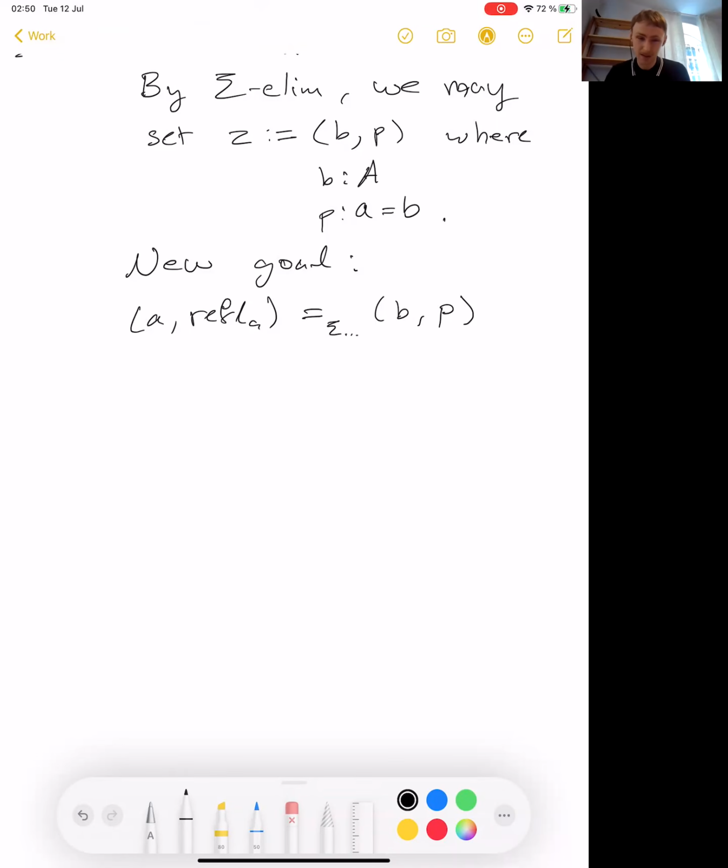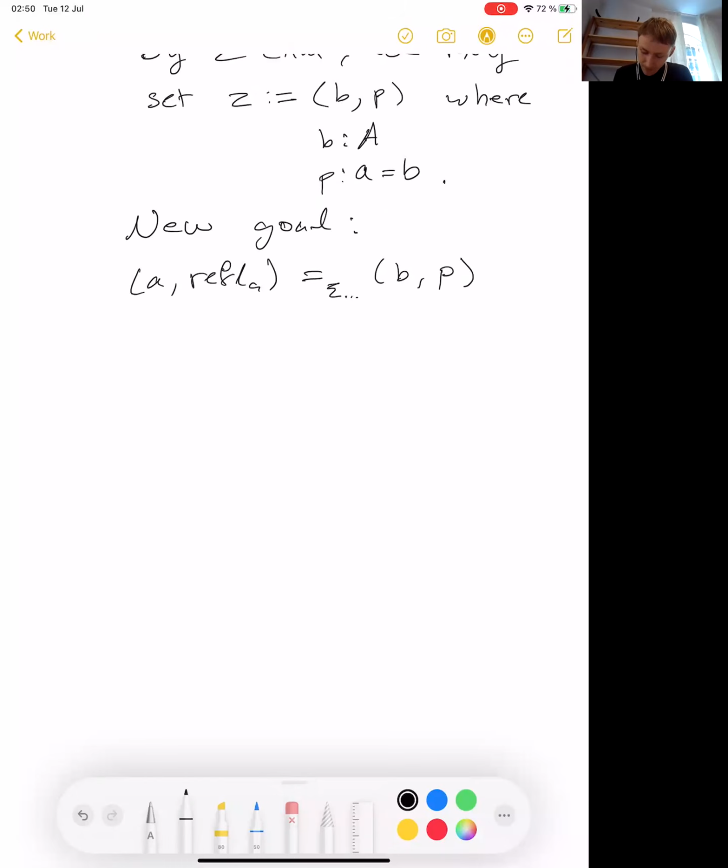The endpoint is some random B. Path induction, right? Always path induction. So I'm still gonna call it identity elimination. So let's apply identity elimination on P.